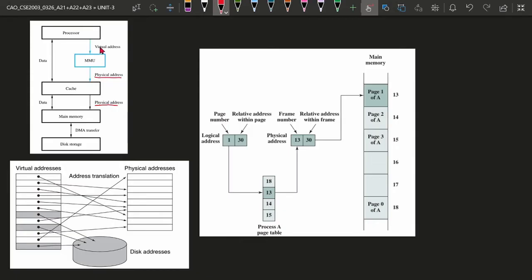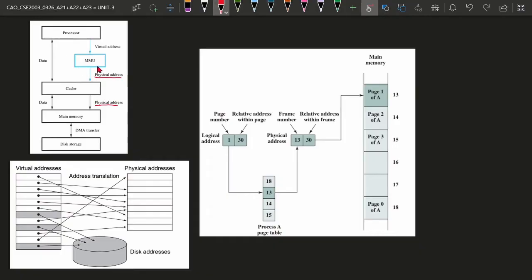So in between the virtual address and physical address, there is a need of a memory management unit. Basically this converts a virtual address to the physical address, or it maps the virtual address with the physical address, so that the data from a particular location of the physical address can be sent to the processor.